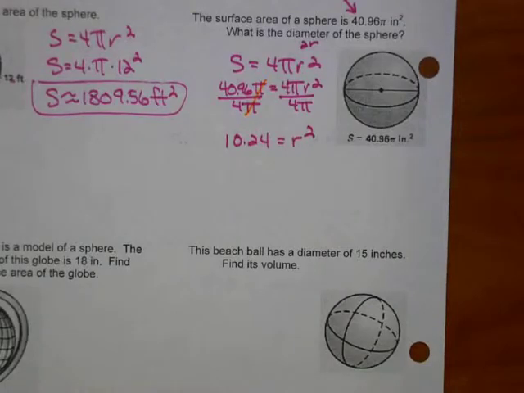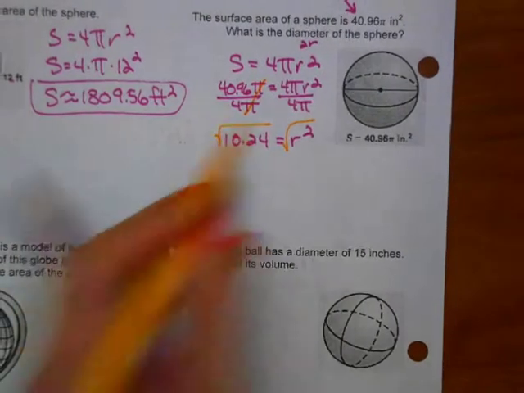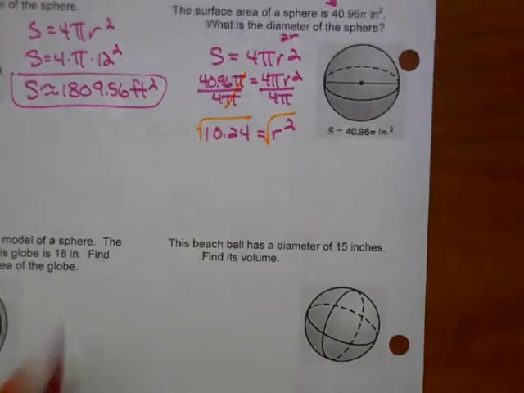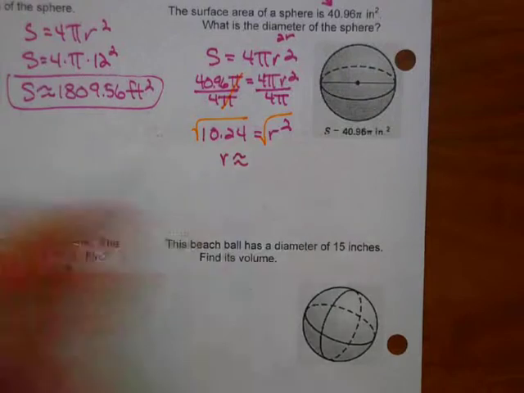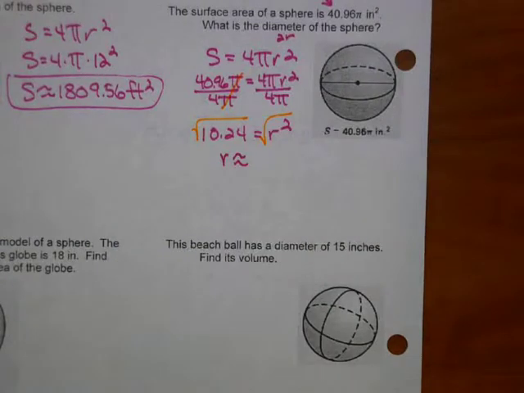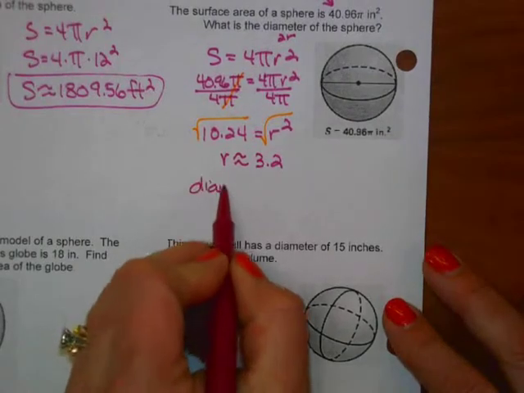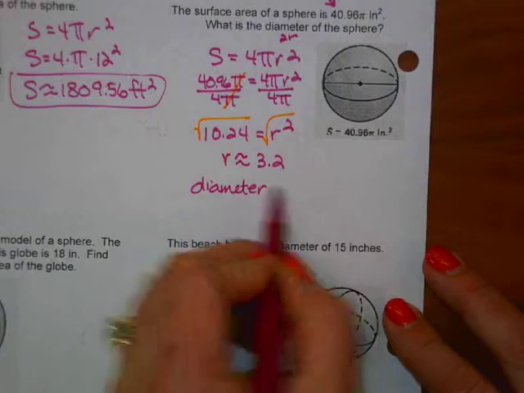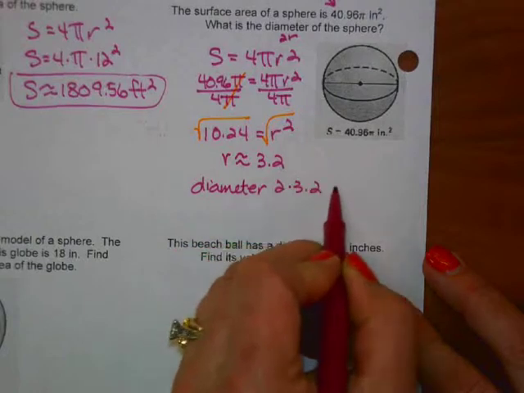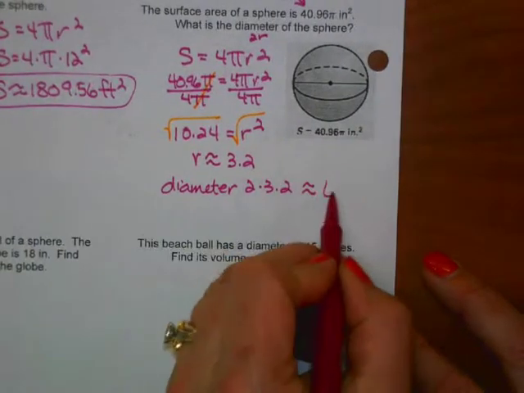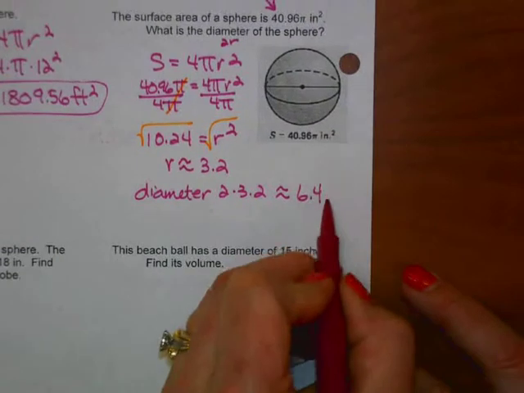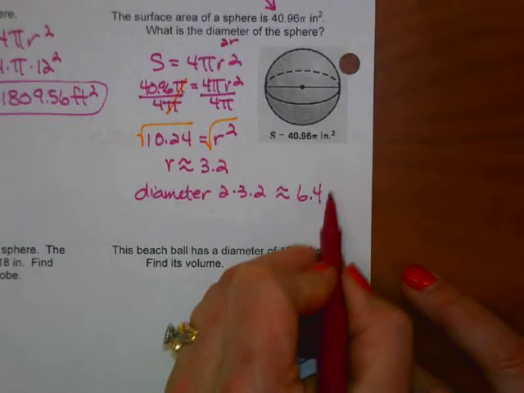Now I don't want r squared, so what do we do? Square root both sides. When you do that, what do you get? 3.2. Yes, but I don't want the radius. I want the diameter. So I do 2 times 3.2, and that diameter is approximately 6.4 inches, because it's just a measurement.